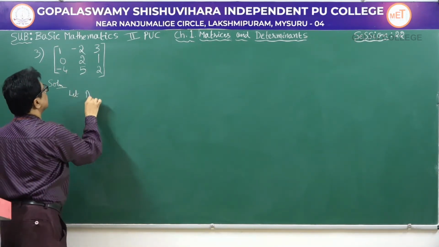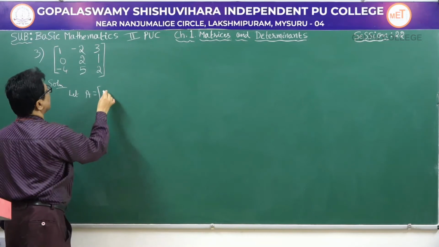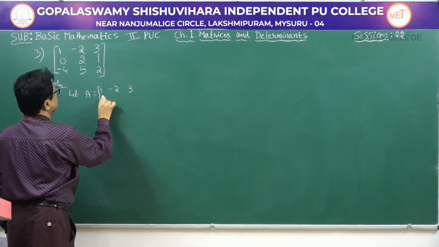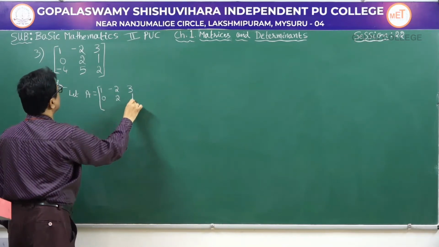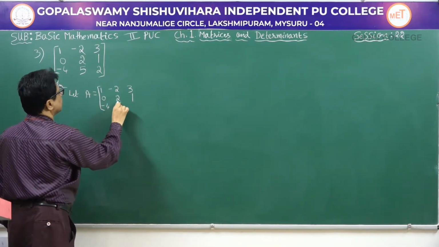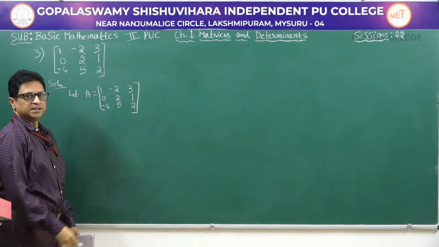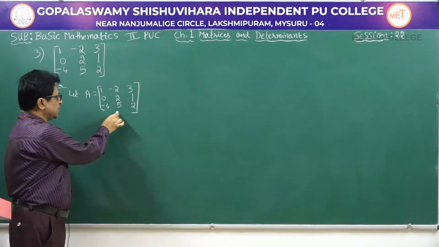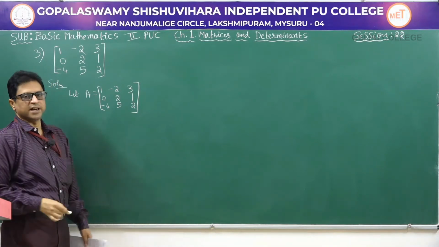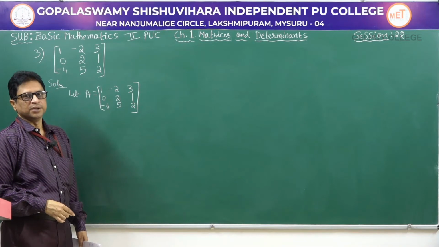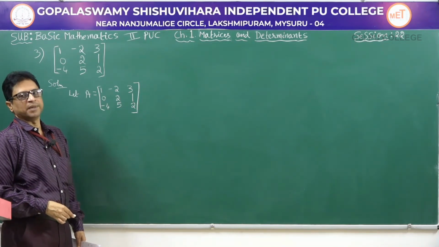Let A equals 1, minus 2, 3, 0, 2, 1, minus 4, 5, 2. Here we have to find the adjoint of a 3 into 3 matrix. So, this cannot be found by inspection. So, we have to use the regular method.